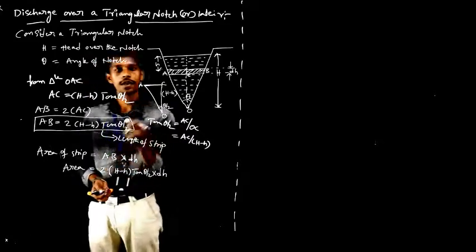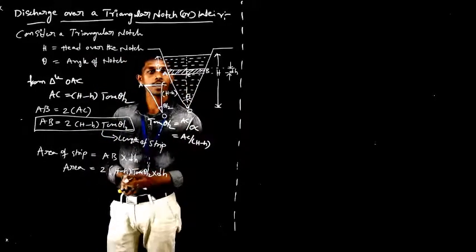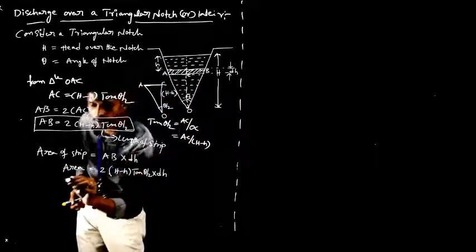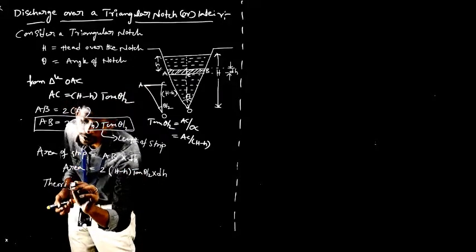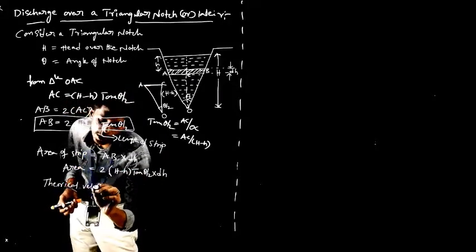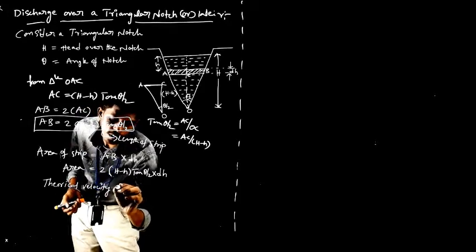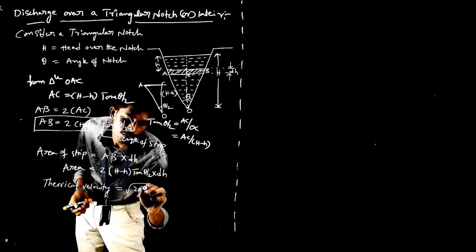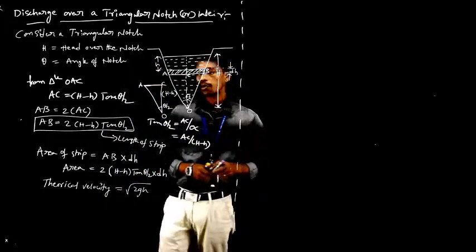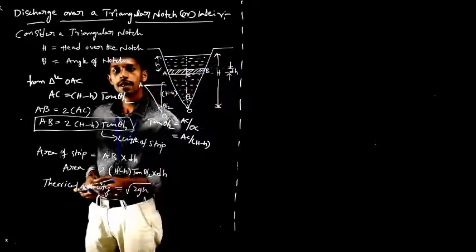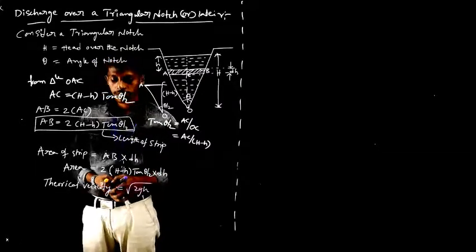And one thing you know is the theoretical velocity for this water flow, which we have already calculated in the previous derivation. So the theoretical velocity will be square root of 2gh for this water strip I have selected. From this, can I write the expression for the discharge?